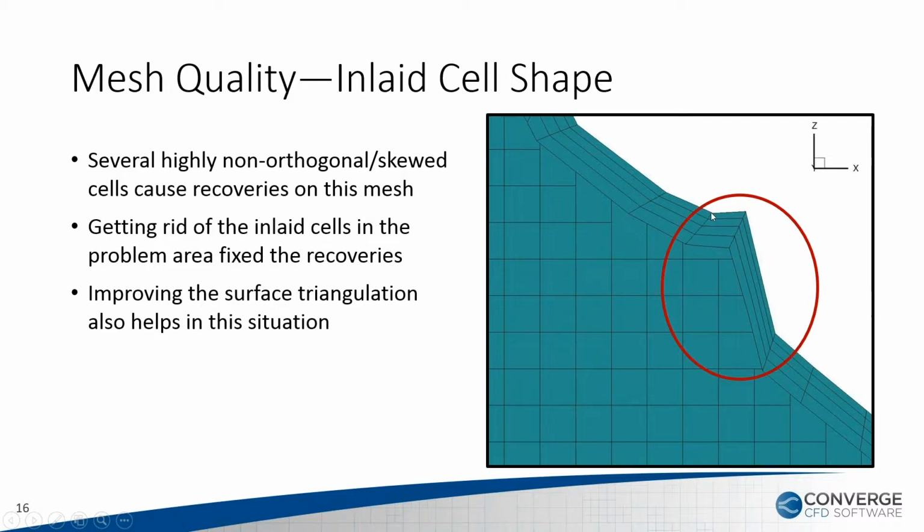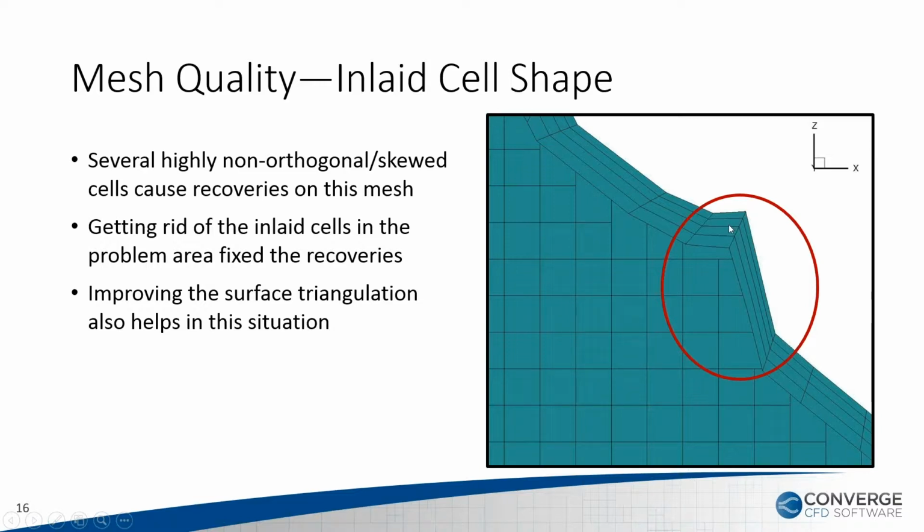So when we extruded this particular wall, we ended up with inlaid cells that look like these. We have inlaid cells over here, and their neighbors are oriented about 70 degrees or so with respect to them.